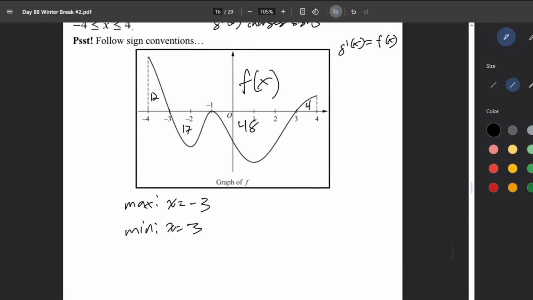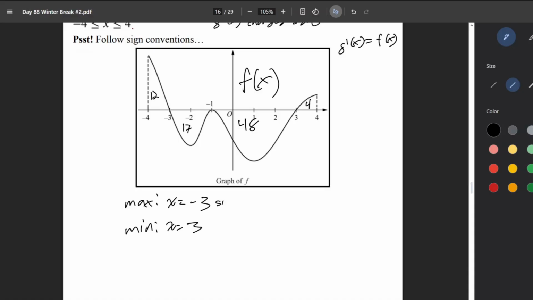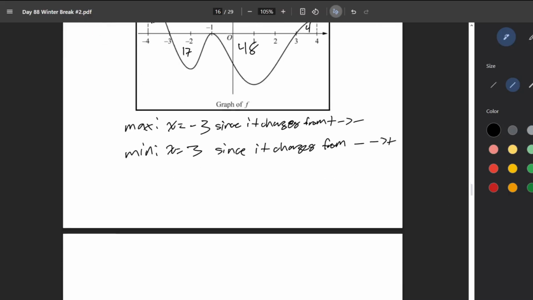If we had to explain, it would be, since it changes from plus to minus, and then since it changes from minus to plus.